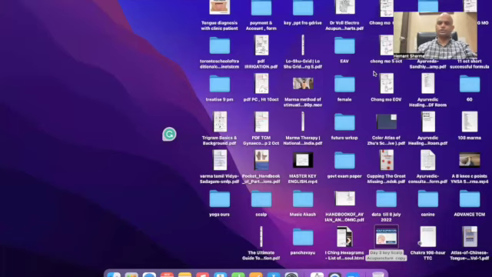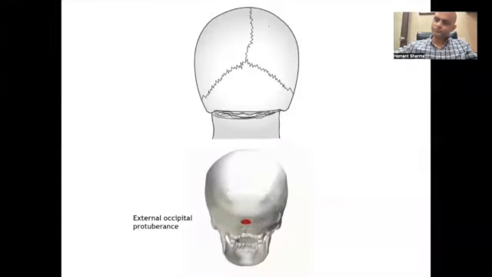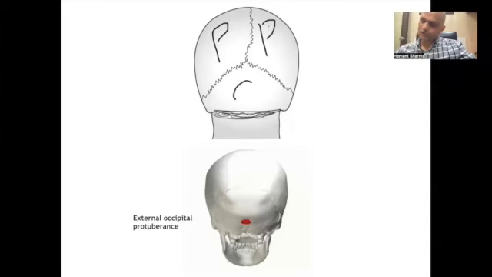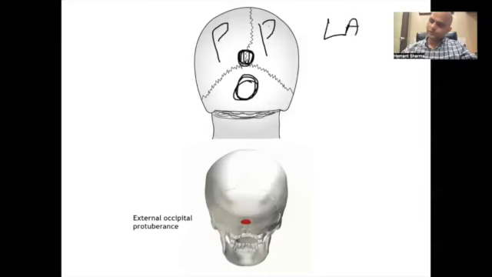So look at this image. We can see here, this is the parietal bone and this is the occipital bone. And the junction is called lambda, or the other name of the junction is posterior fontanel.